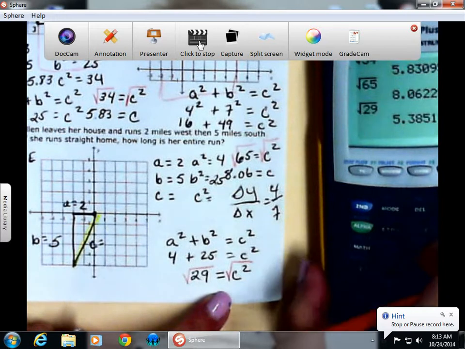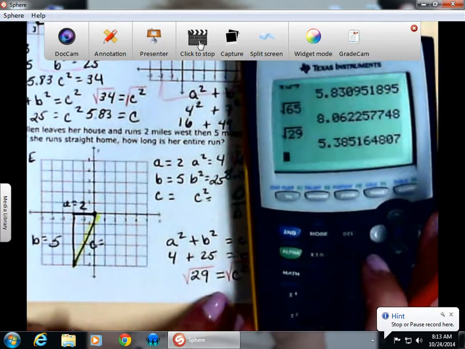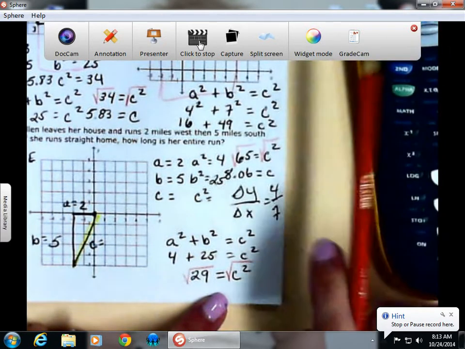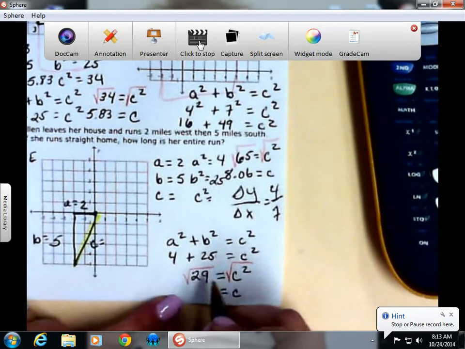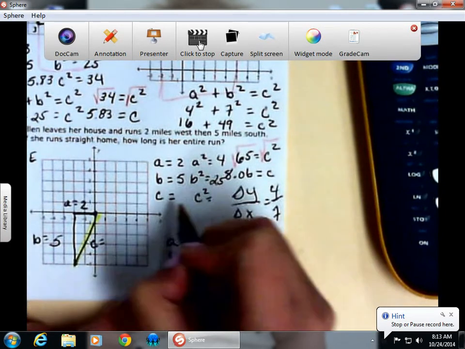That hundredth digit is the 8. That 5 tells the 8 to go up 1. So C is equal to 5.39. Our C is 5.39, and C squared is 29.